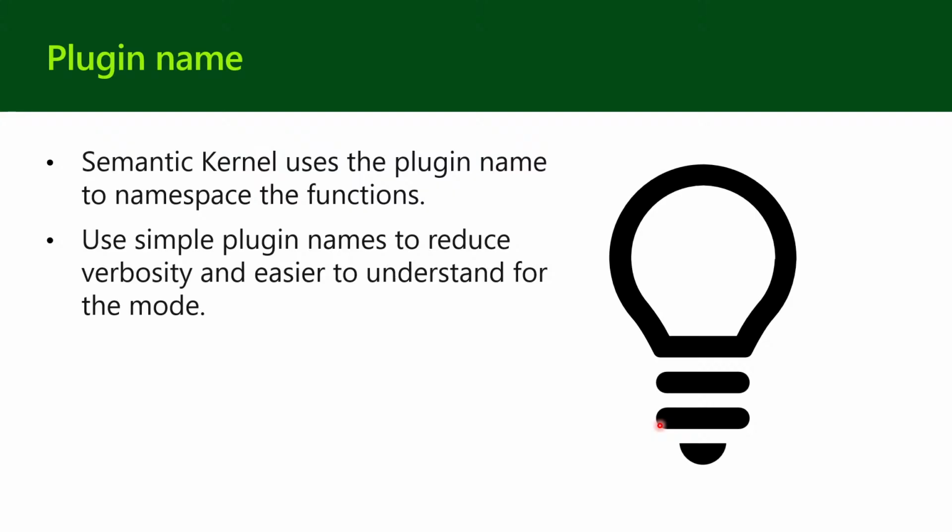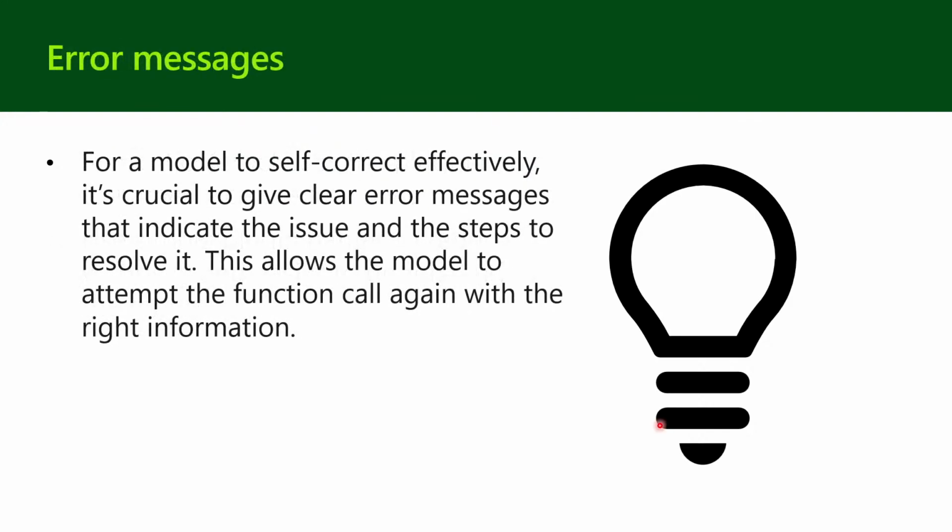Actually, I'm going to show this one also, error messages in this slide. For a model to self-correct effectively, it's crucial to give a clear error message that indicates the issue and the steps to resolve it. With that, this will allow the AI agent, the AI service, to attempt one more time to call the same method with the proper parameters, for example.